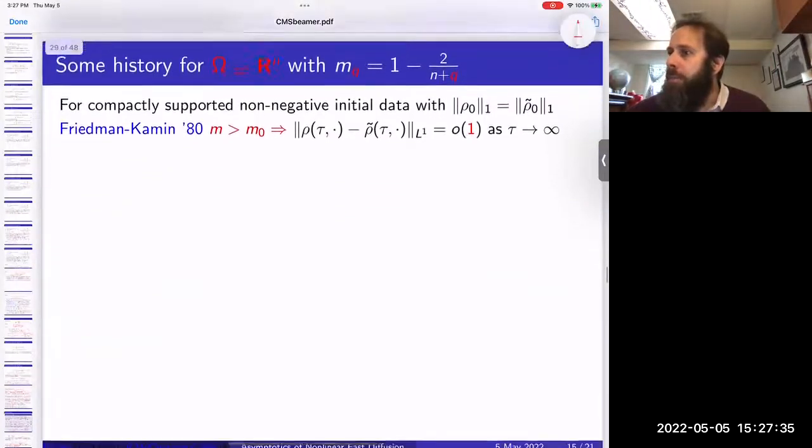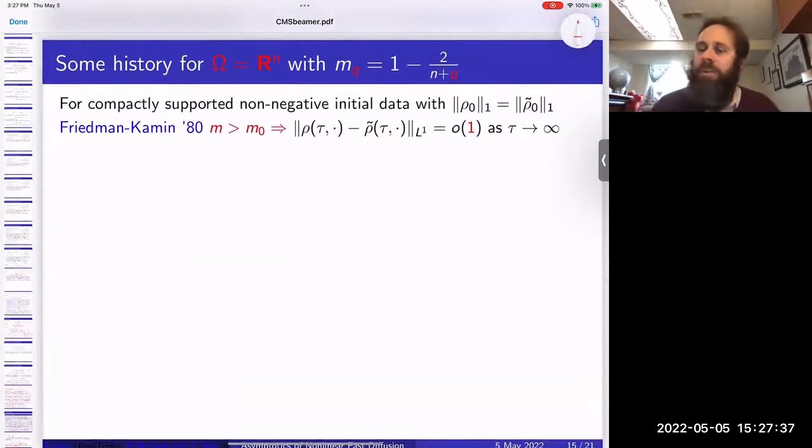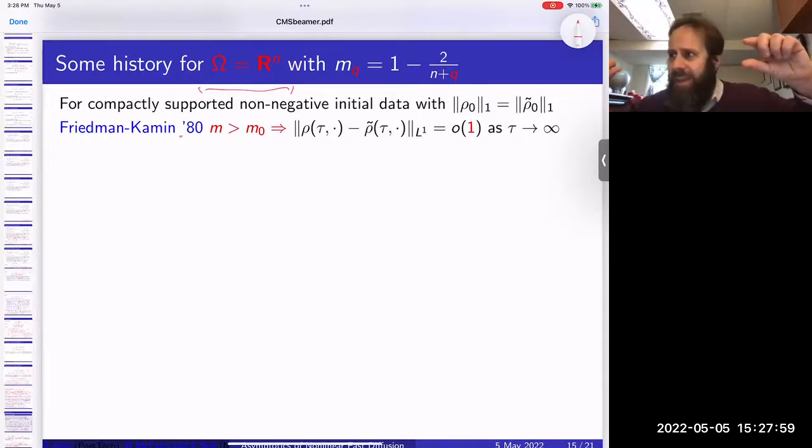Okay, so before I talk more about proving the theorems, I wanted to tell you a little bit of the history of the case where you do the whole space problem instead of the bounded domain problem. I invoked that case a little in response to Tuak's question earlier on. In that case, 50 years ago, Friedman and Kameen showed that in this case, of course, the fast diffusion equation has these algebraic tails.